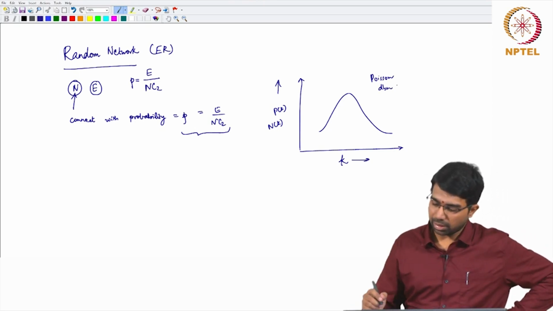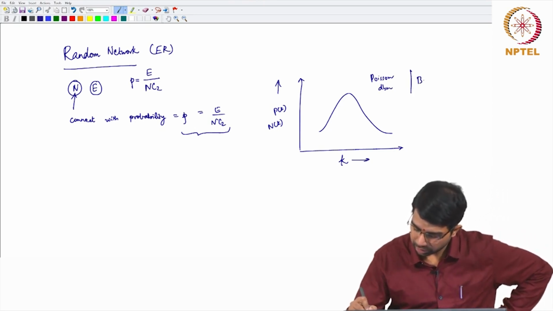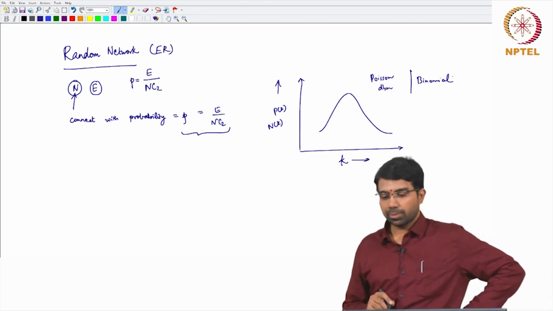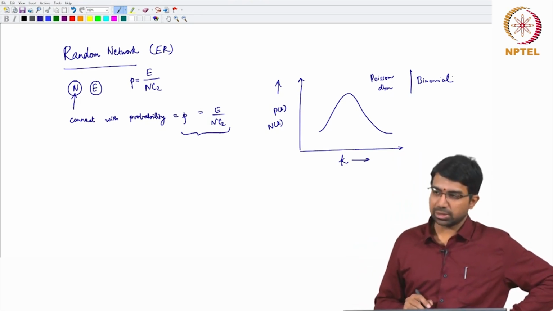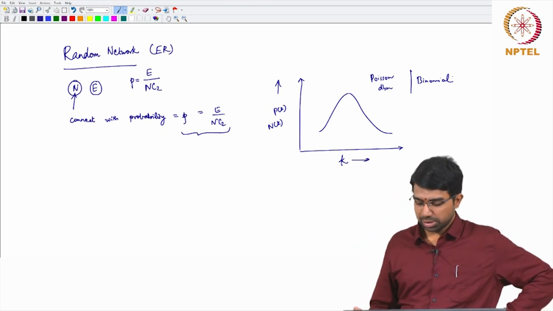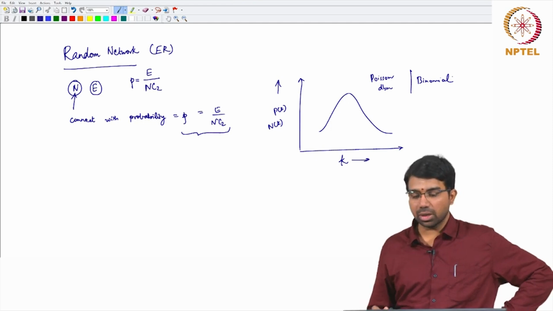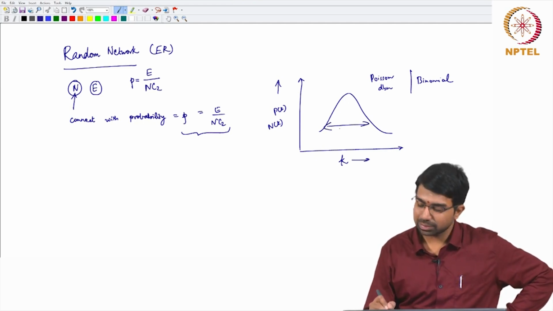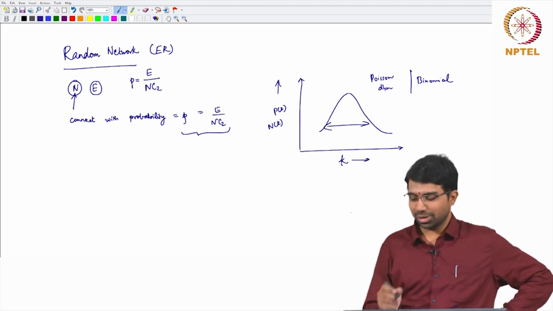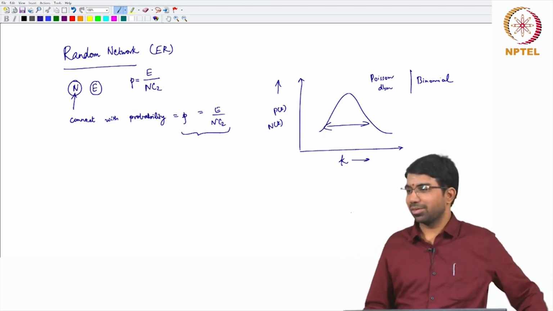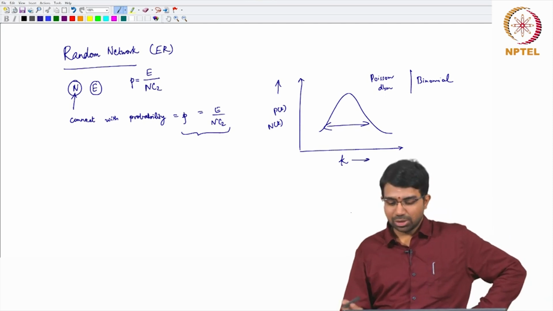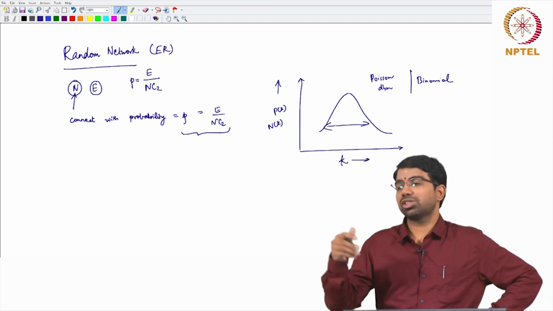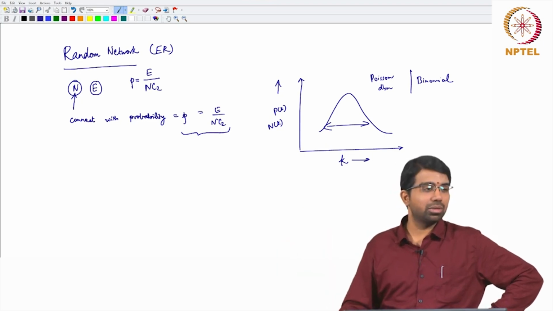You can compare this with a binomial as well. This is the limiting case of a binomial distribution. You will see that this is how it looks, but the spread is not too much. This is not a normal curve where you have a big spread. You will find that no node has much higher degree than another node.